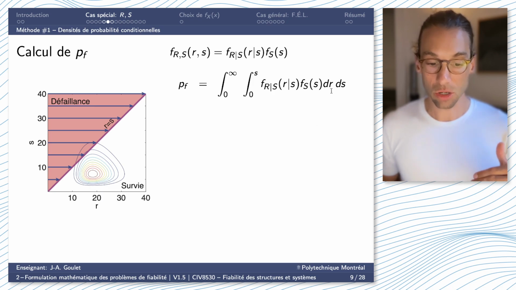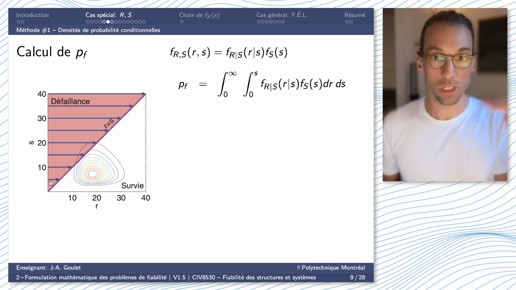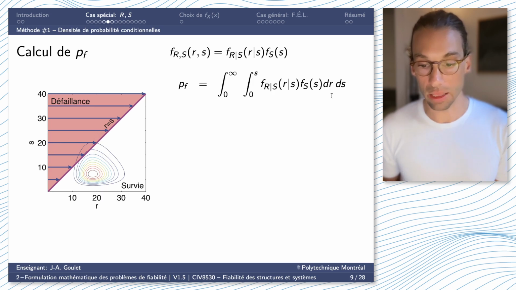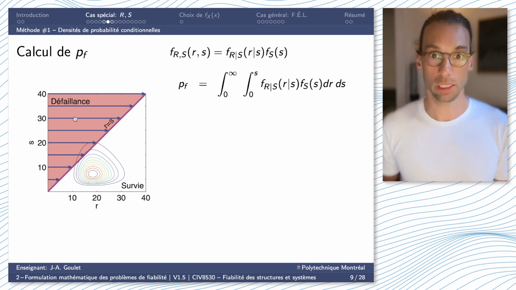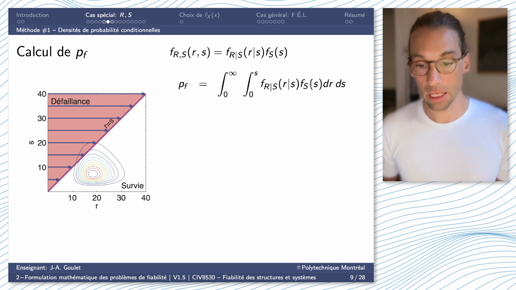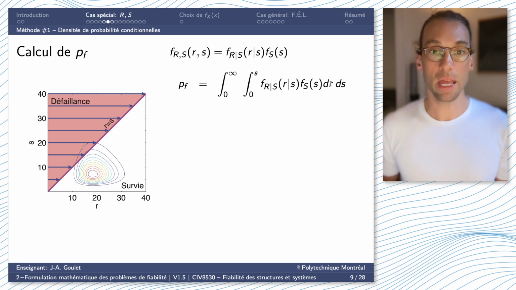So what does it correspond to? Since I start integrating with respect to R, it's as if I cut my failure domain in horizontal slices. Okay, and I always integrate from the lower bound, in this case 0, up to my solicitation. And I keep integrating like this, and I then sum for all my slices vertically with respect to the solicitation. And there's something interesting here. We can see that the solicitation is independent from the resistance.